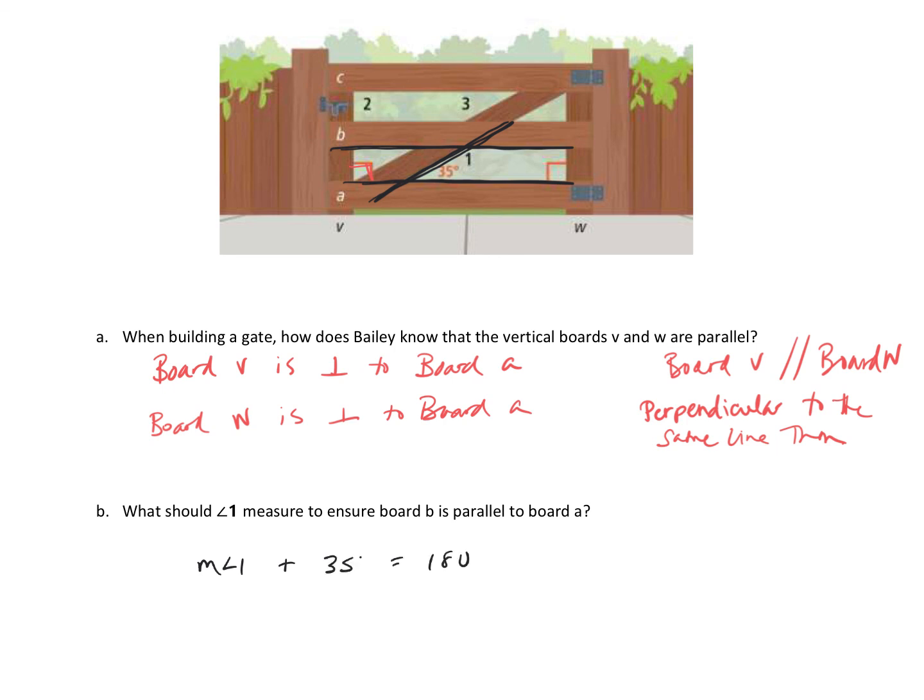If we subtract 35 from both sides, then we need the measure of angle 1 to equal 145 degrees. Board A is parallel to board B. And that's using the converse of the same side interior postulate.